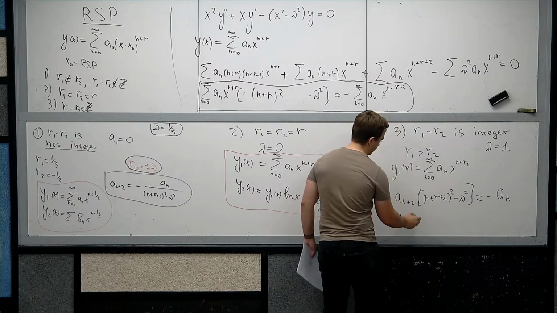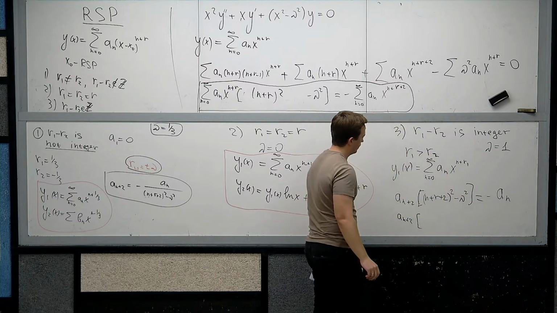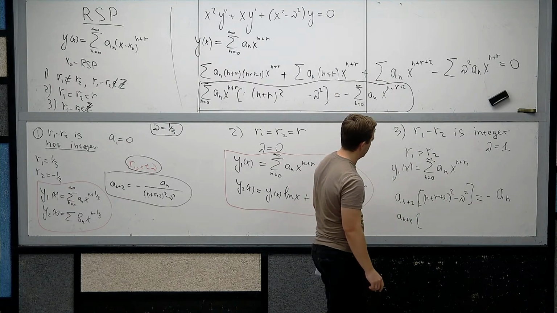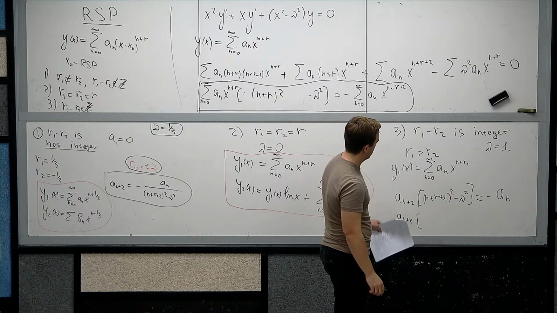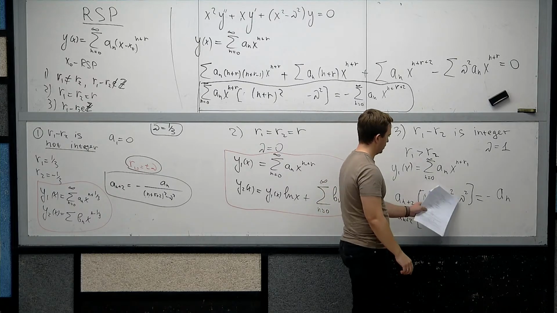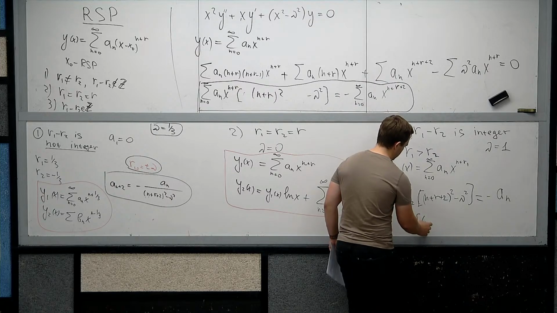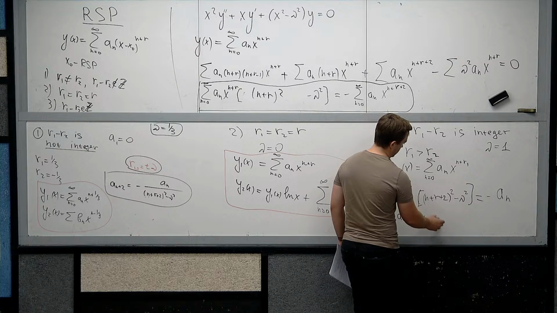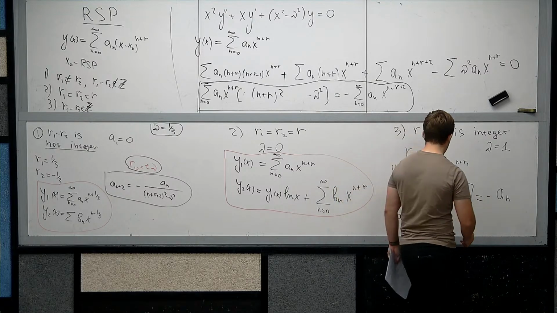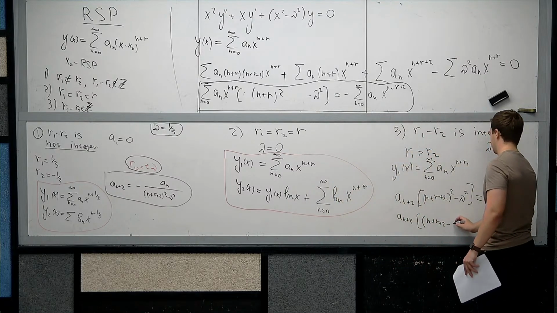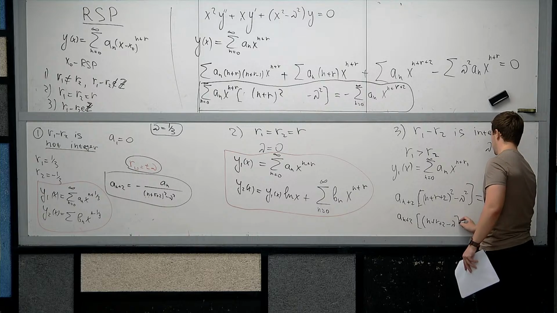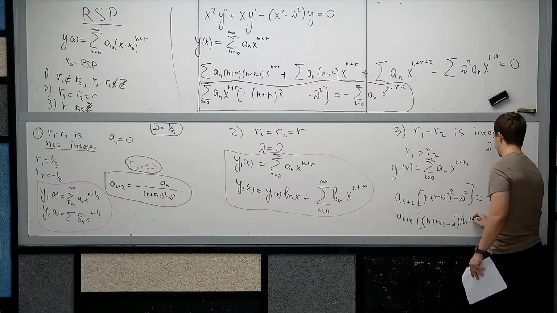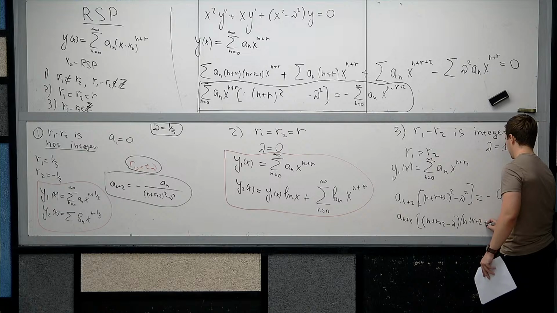Let's use the difference of squares formula: (n plus r plus 2 minus mu) times (n plus r plus 2 plus mu).